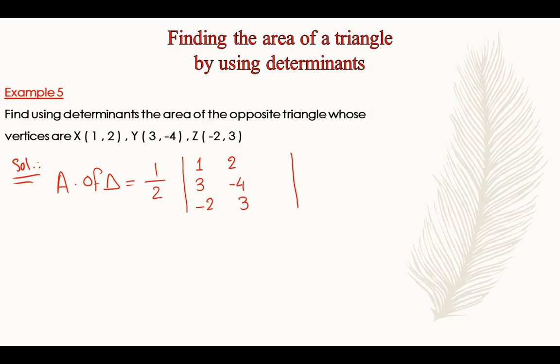But we all know that the determinant must be a square matrix, so it is a 2 by 2 matrix or a 3 by 3 matrix. So how can we make this determinant a 3 by 3 determinant? We need to write the third column as 1, 1, 1.